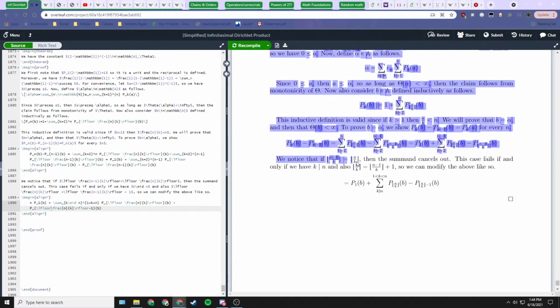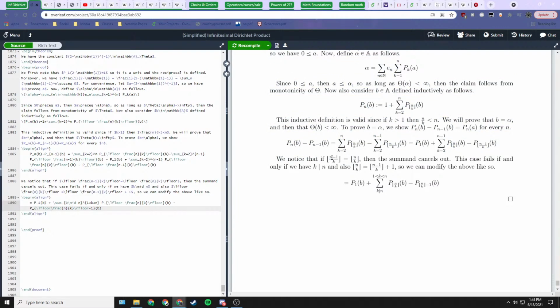So if this floor of n over k is not equal to this floor of n minus 1 over k, then it must be the case that this floor of n over k is greater. It can only be greater by 1, so if k is at least 1, n minus 1 over k can't be different by more than 1. So if these are not equal, then they have this relationship: this smaller one plus 1 gets this larger one.